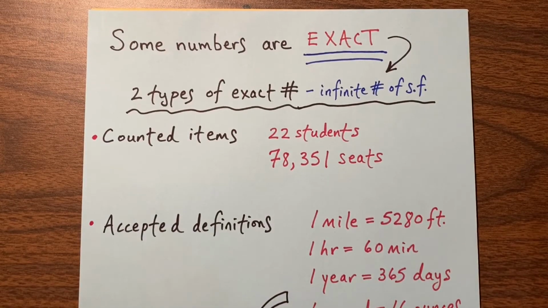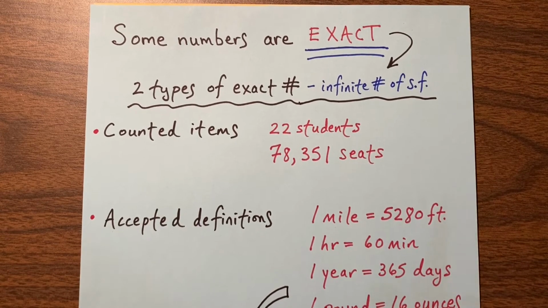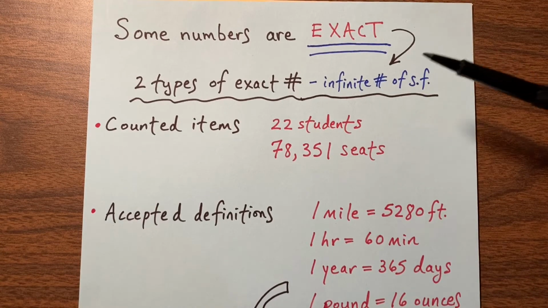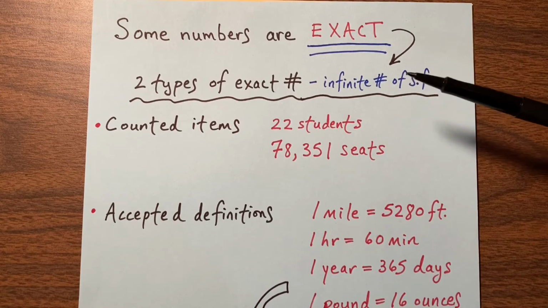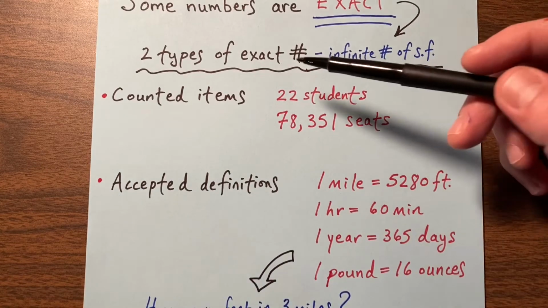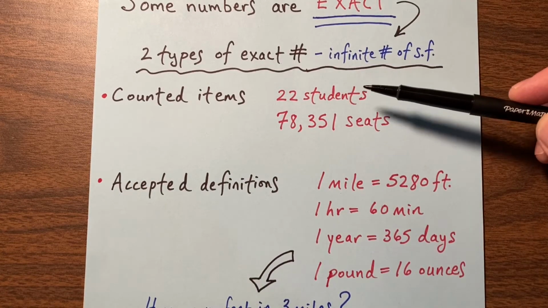So let's continue our discussion of numbers and measurement. Some numbers, unlike measurements, are exact. There are 2 types of exact numbers, and keep in mind that exact numbers have an infinite number of significant figures. That essentially means there is no uncertainty in the measurement. There are counted items, so I can count in a room there's 22 students.